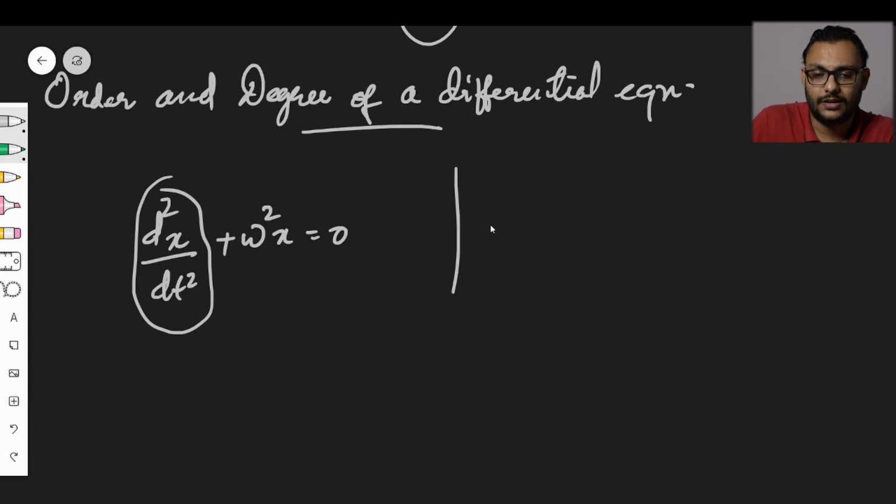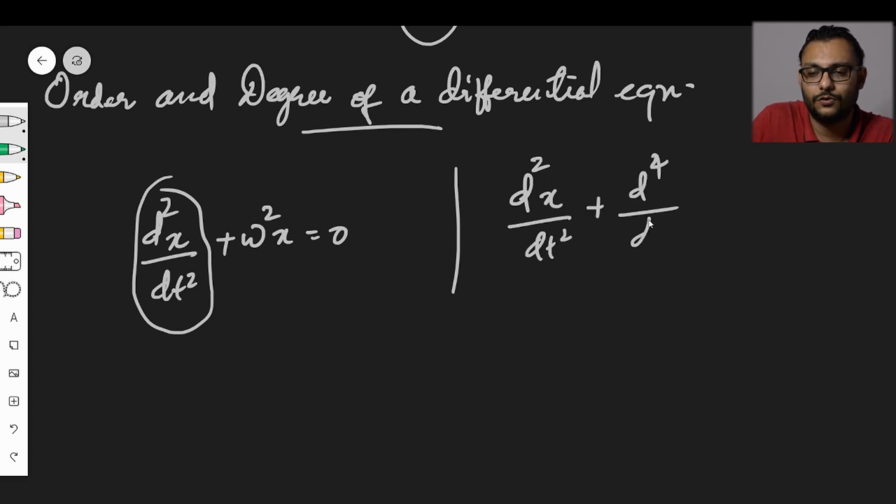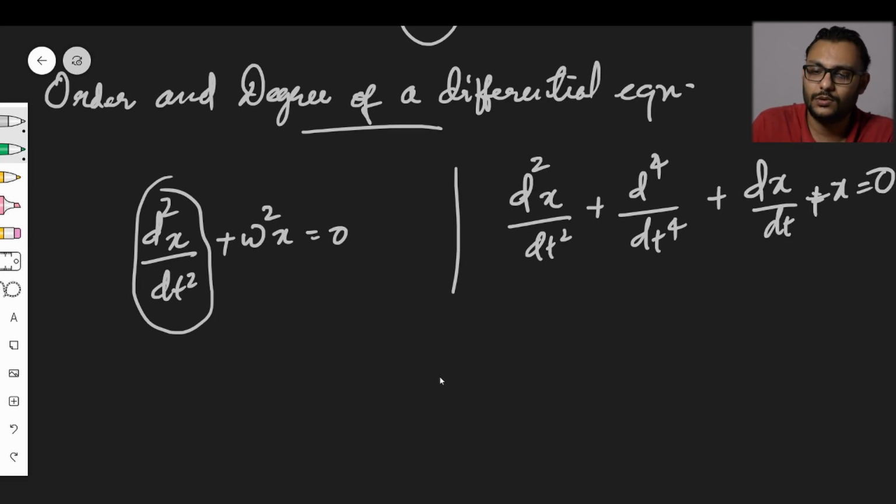For another example, consider the differential equation d square x by dt square plus d raised to 4 x by dt raised to 4 plus dx by dt plus x is equal to 0. This is also a differential equation.